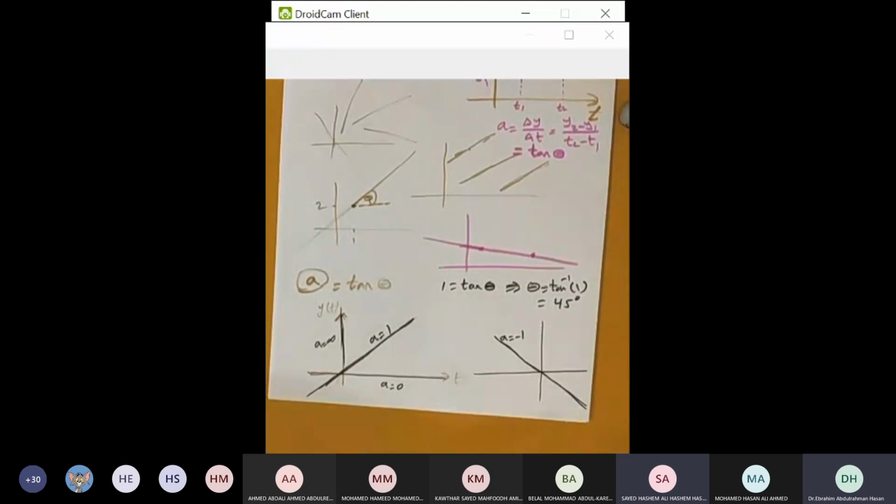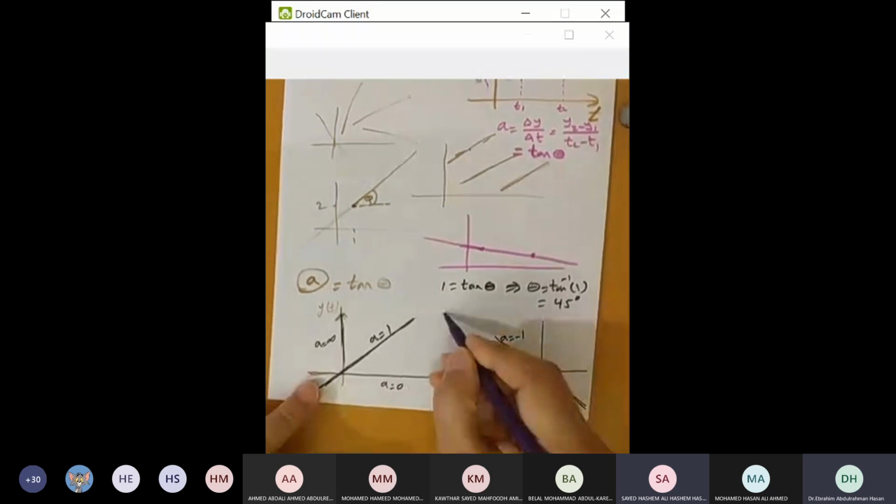Okay, why I'm saying this? Because we are going to plot more than one line. Okay, one with a slope, for example, 5, and another one with a slope equal to 1. You should differentiate it. Okay, you cannot plot two lines and say that this is my line 1 and this is my line 2.